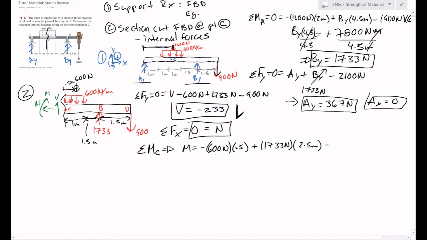And then 900 newtons is causing a negative moment, and that is just 4 meters away. Alright, we get that our moment is equal to 432.5 newton meters.